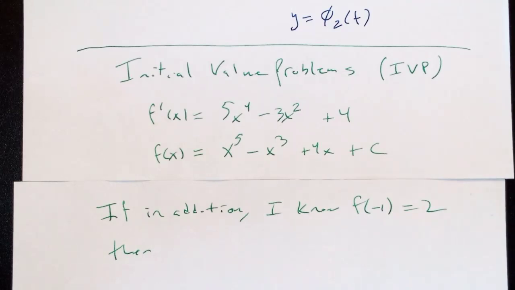So here's an initial value. At the point x equals -1, the y value is 2. What does that give me?